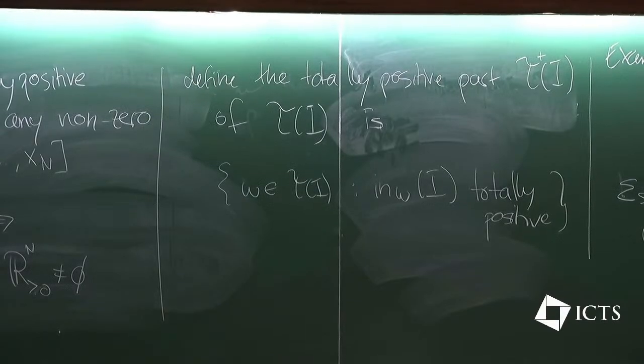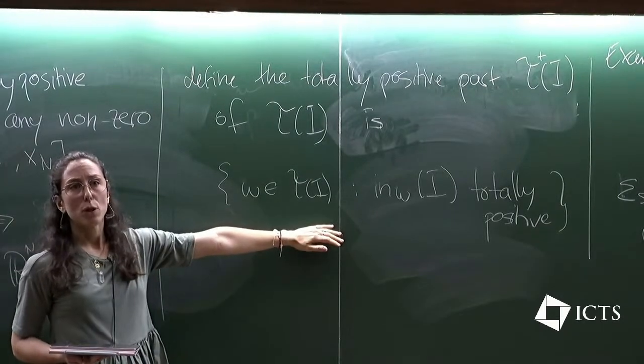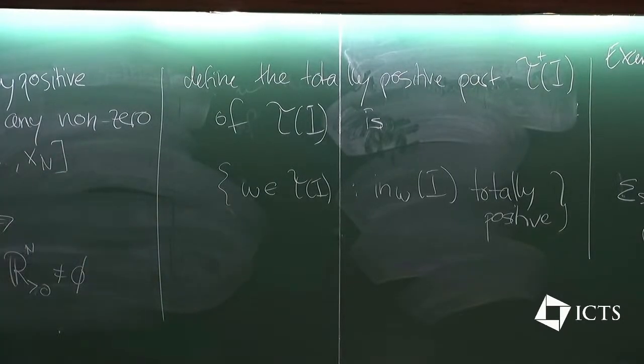Assuming that my ideal I can be considered in the real polynomial ring and it is totally positive, I can compute its Gröbner fan. Inside the Gröbner fan, I look at only those cones where the initial ideal does not contain monomials. And then I go one step further and consider only those cones where the initial ideal is still totally positive.